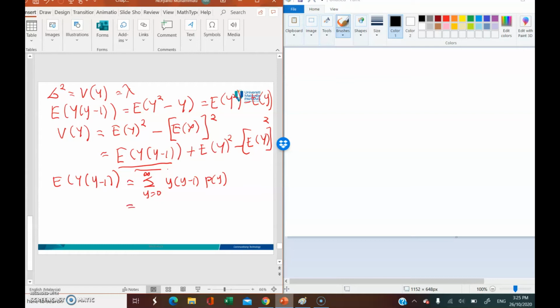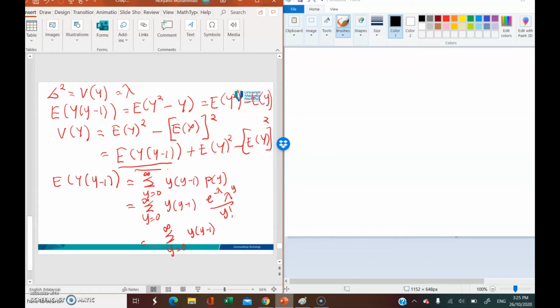So you will have summation y from 0 until infinity, y(y minus 1), e negative lambda, lambda power y over y factorial. So this one you can change, summation y equal to 0 until infinity.